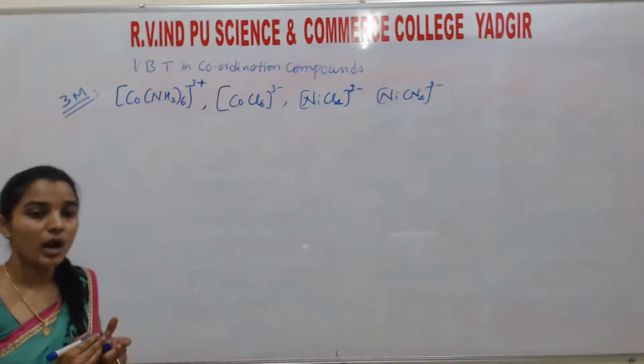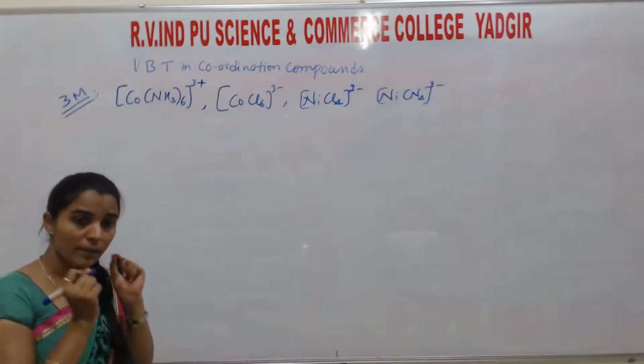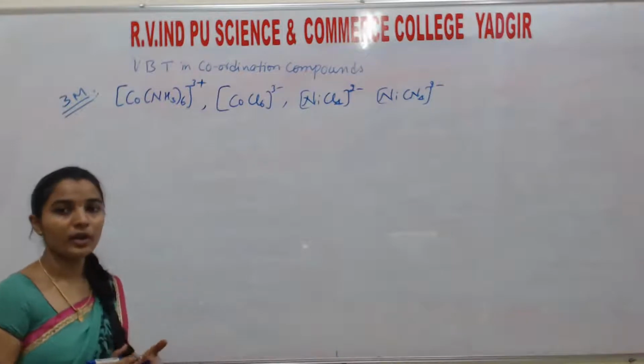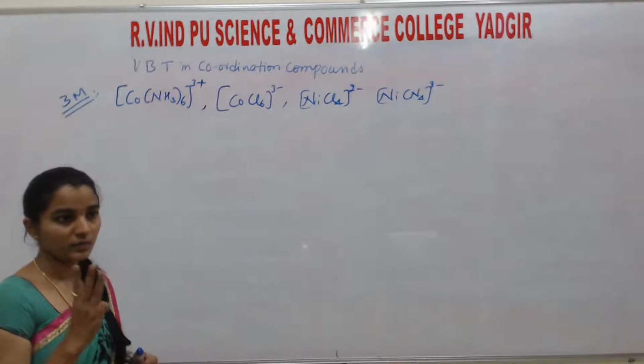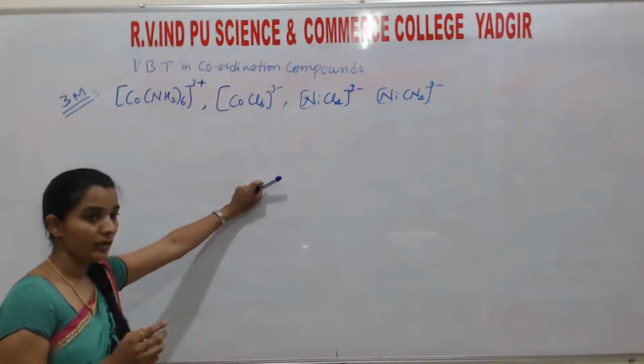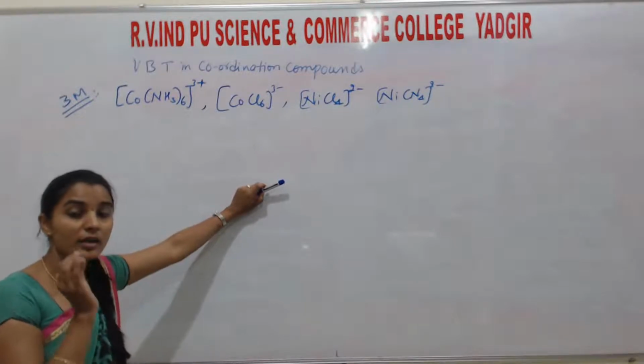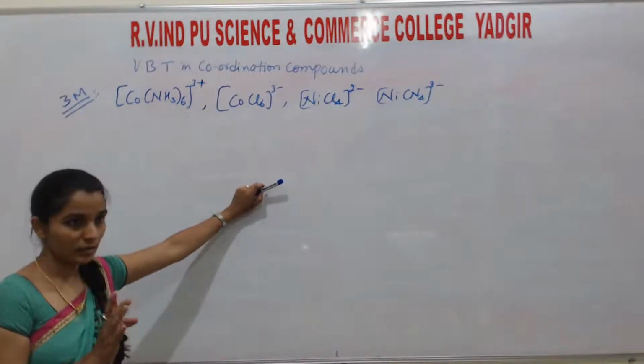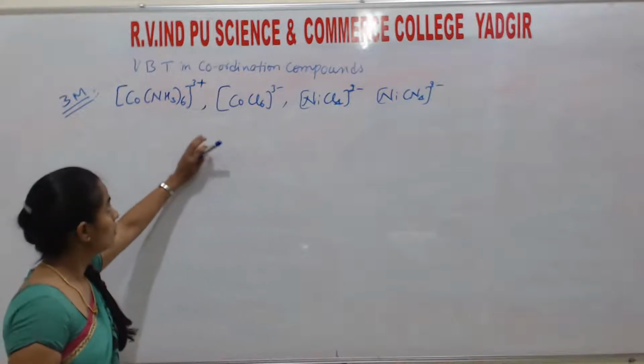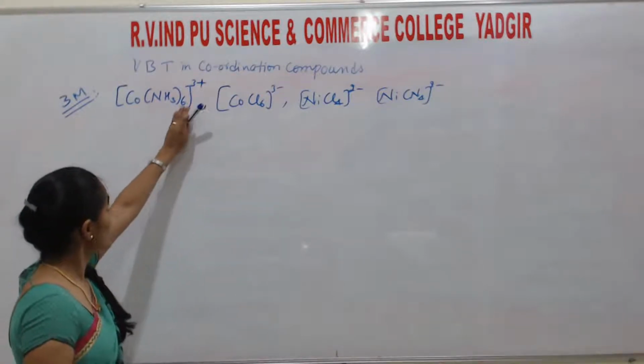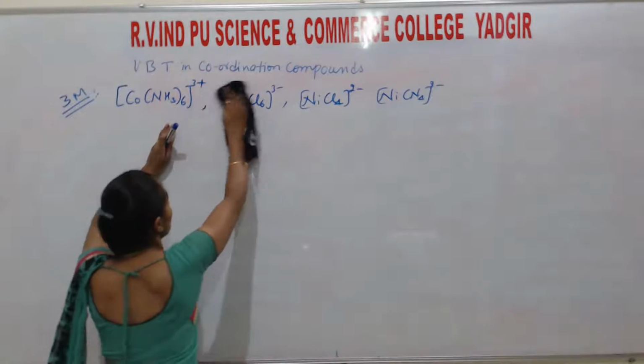Among these 4 compounds, any one is a 100% question for examination for 3 marks. Understood? Are you getting my words? So [Co(NH3)6]3+, we will discuss one by one.